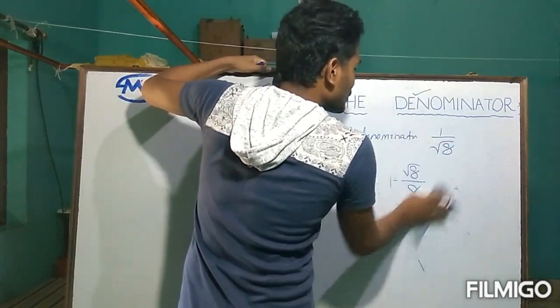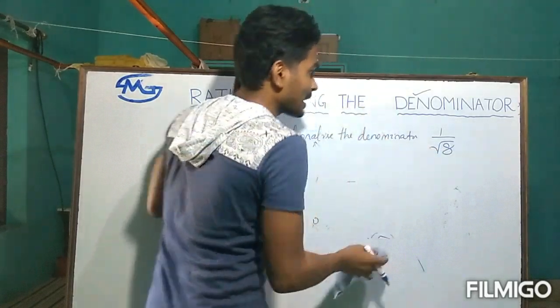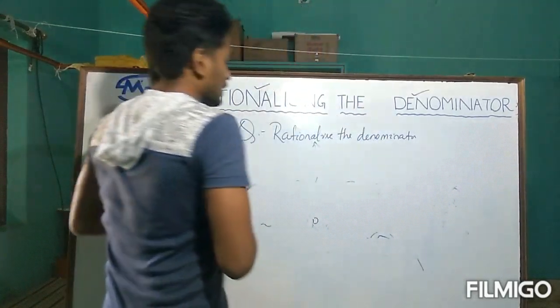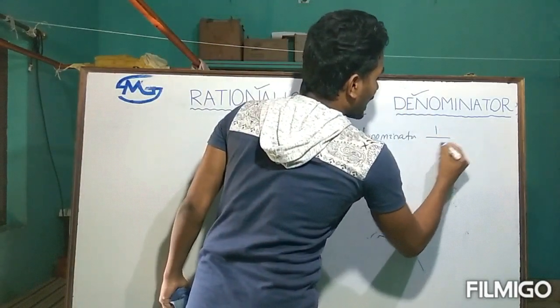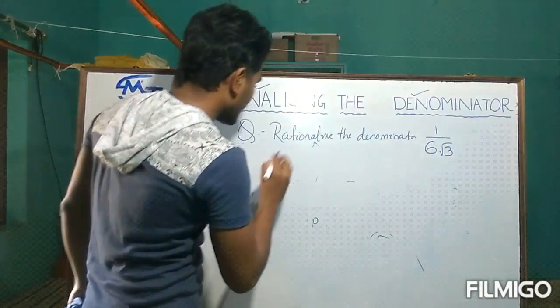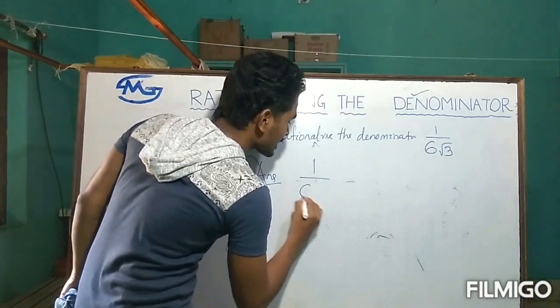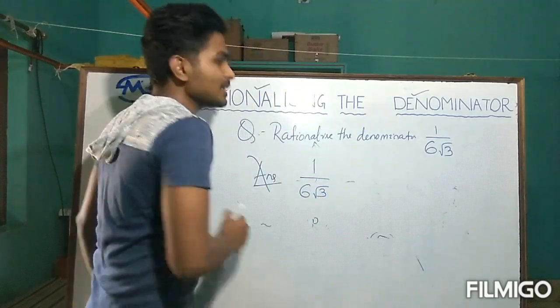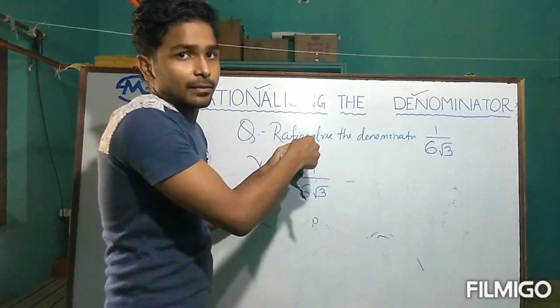In this case, in the denominator we have only a single term. Suppose the question asks us to rationalize the denominator of 1 by 6 root 3. Then let's do it. Here we have to convert the denominator into rational form.